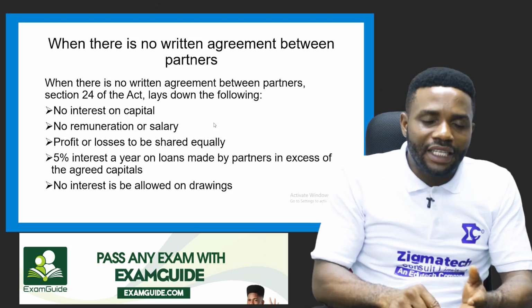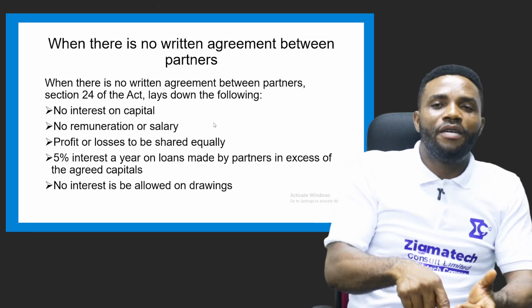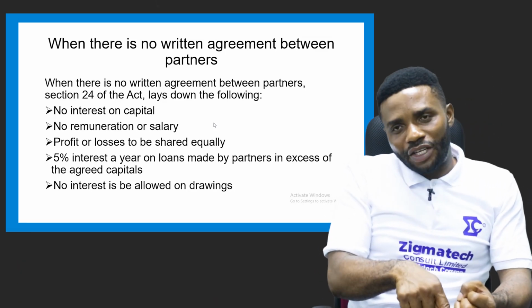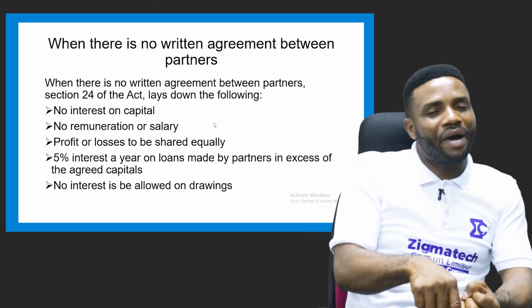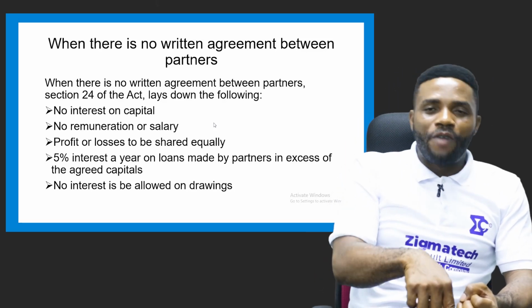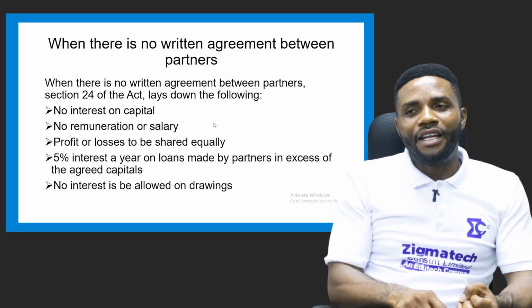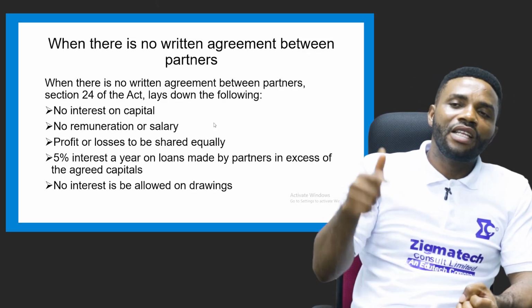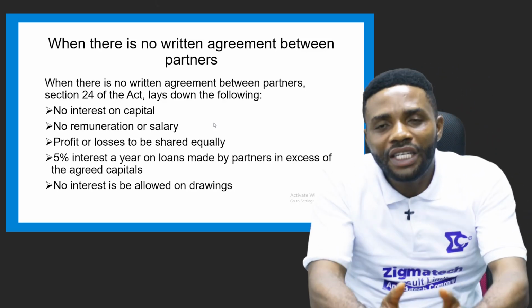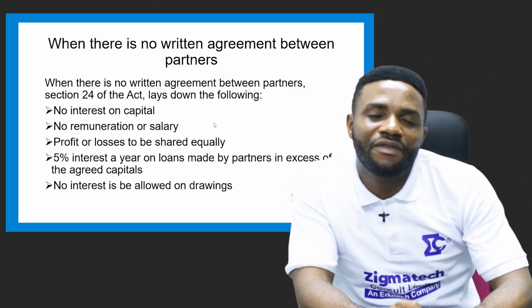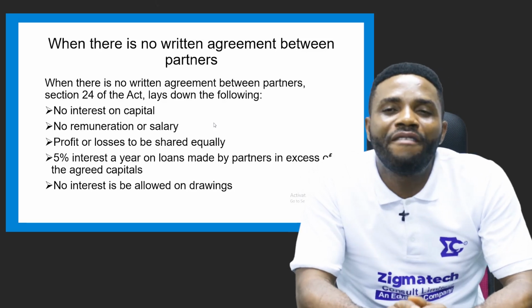Why will you say that if somebody is collecting 100,000, 5% should be charged? And if we are collecting 100,000 from a partner as a loan, 5% should be charged. And if we are collecting 5 million, 5% should be charged. Now, what this means is that it's not as if this 5% is sacrosanct to every amount.